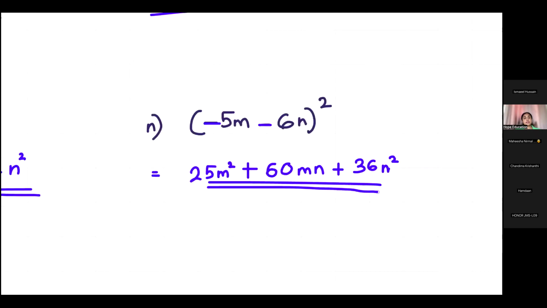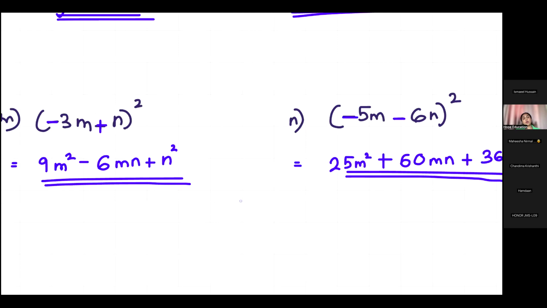Okay. In the miscellaneous exercise, the most difficult questions are 5, 6, 7, 8, 9. So we will discuss another question. Can you all do this in the miscellaneous exercise, the third question?